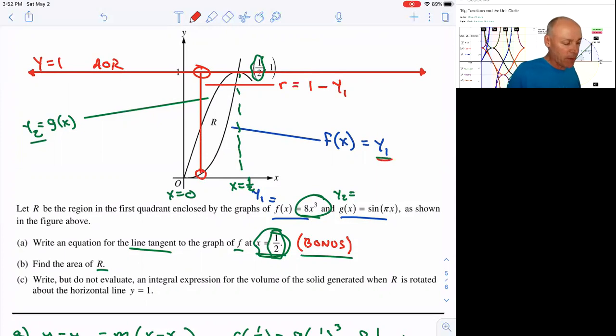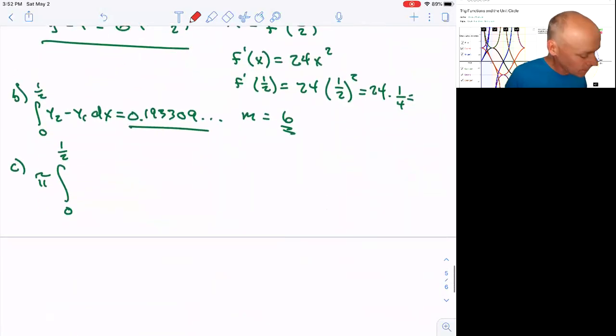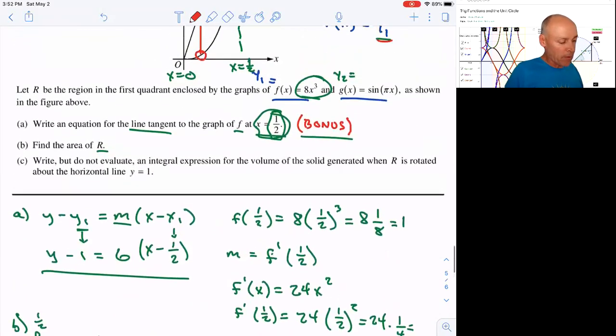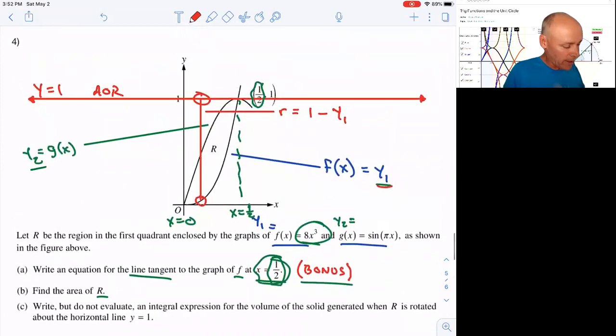So that's my first radius: 1 minus y sub 1. That's my r. I got to square it, right? Pi r squared. There's my pi. Just got to square this. And I'm going to put both of them into this one integral, and then I'm done.